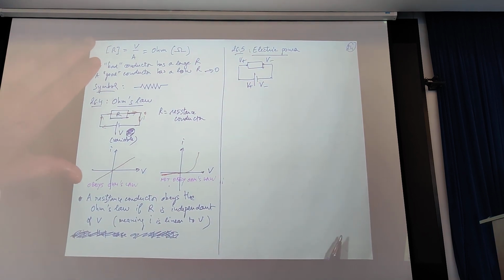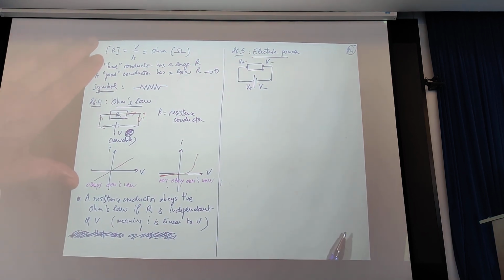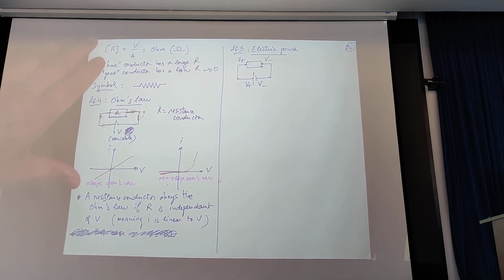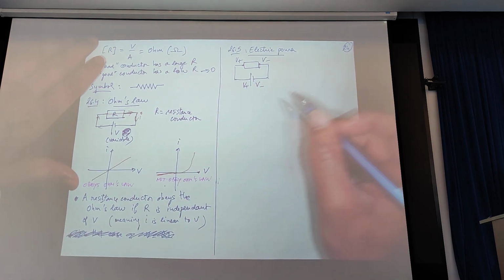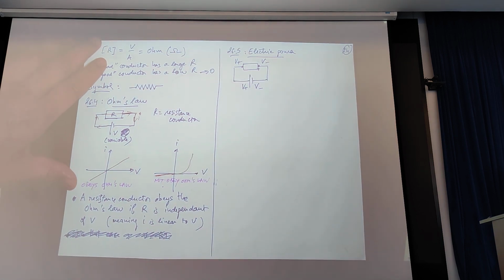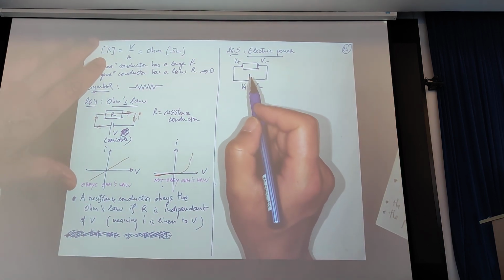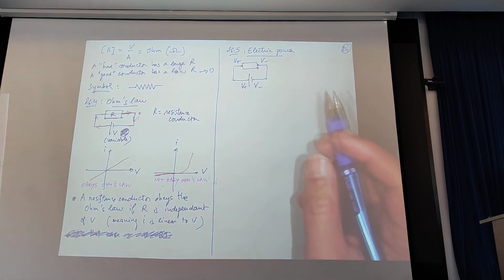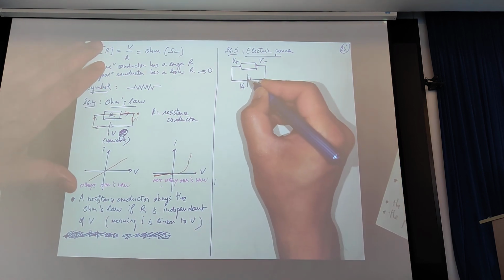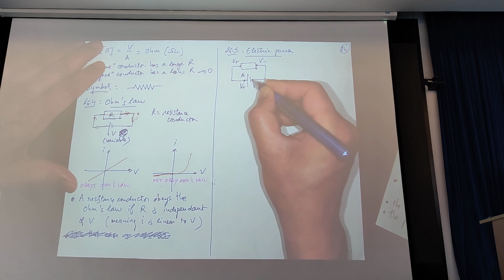This is at the equilibrium. To maintain the difference of potential, a battery has to move an amount of charge from A to B. Okay, so let's say we have A here, and here B.